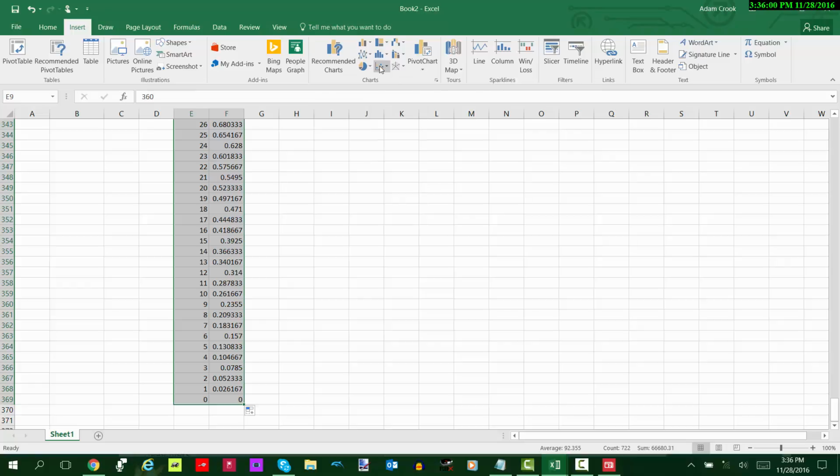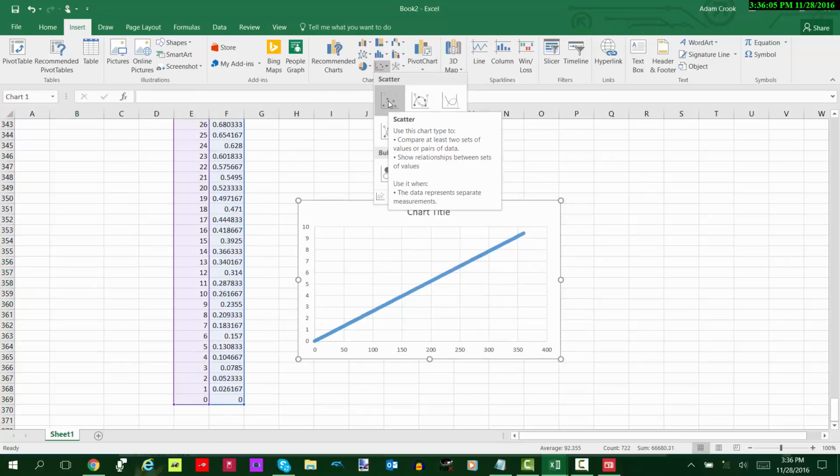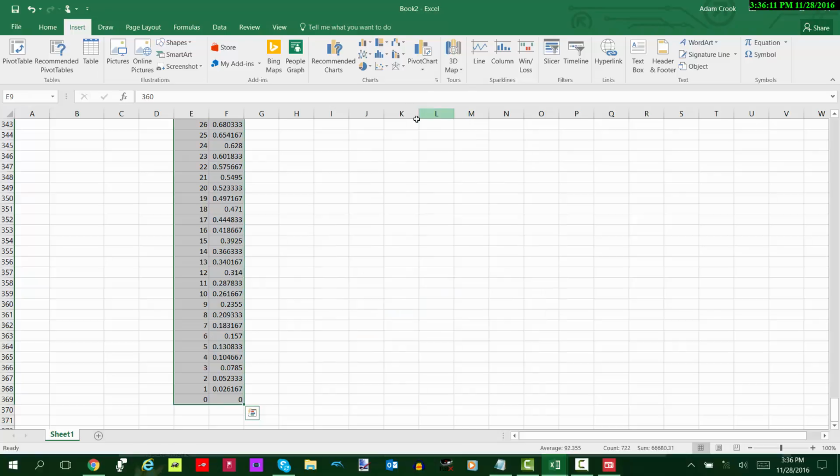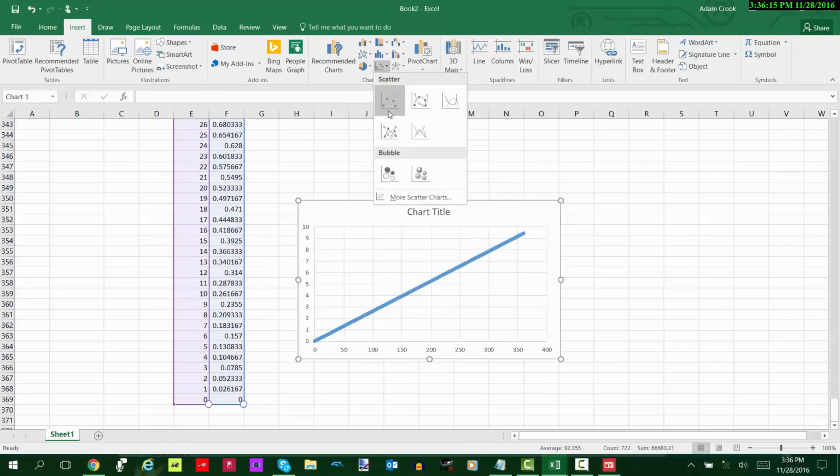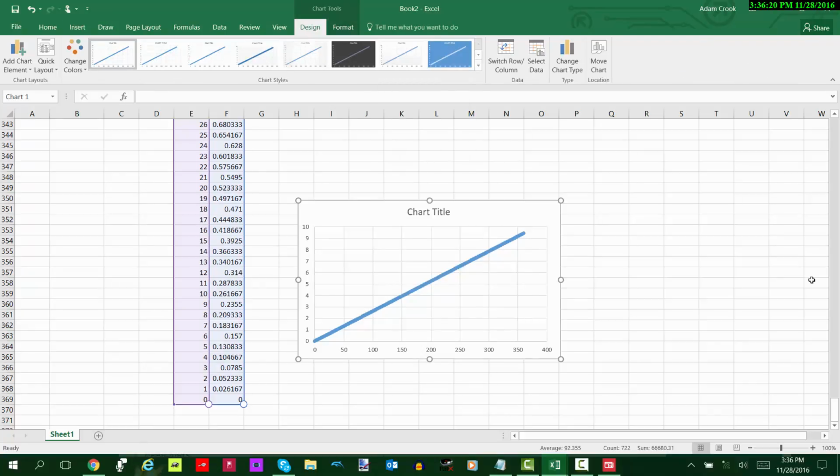Well, let's do the scatter plot, the first one. No, we don't want lines. The first one. Sorry, hold on a minute. Scatter plot. We want that one. Scatter? Yeah. I would assume this is the... We don't want line there. That's the line graph.